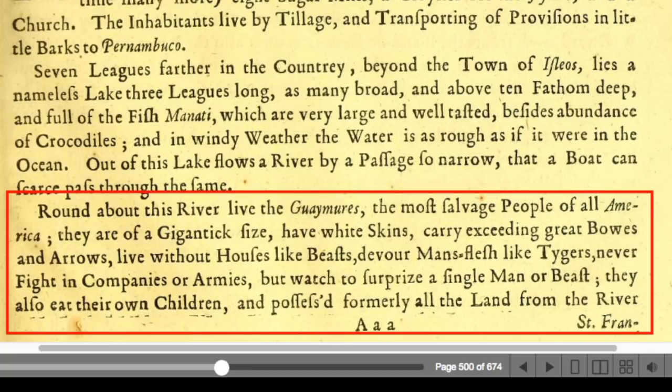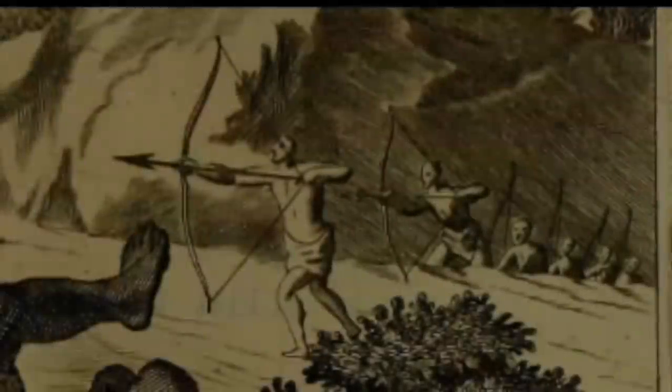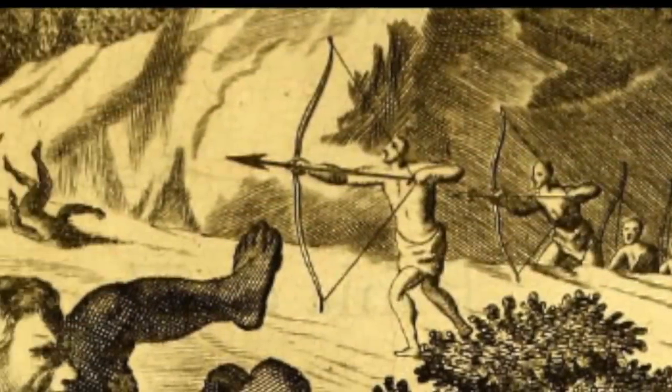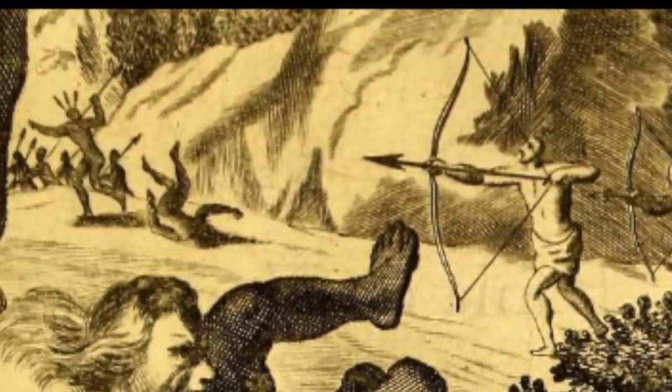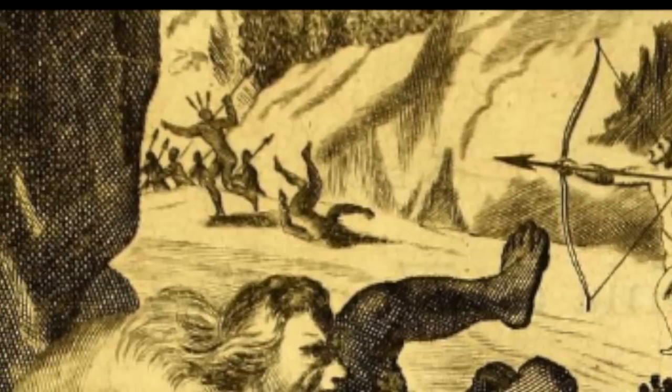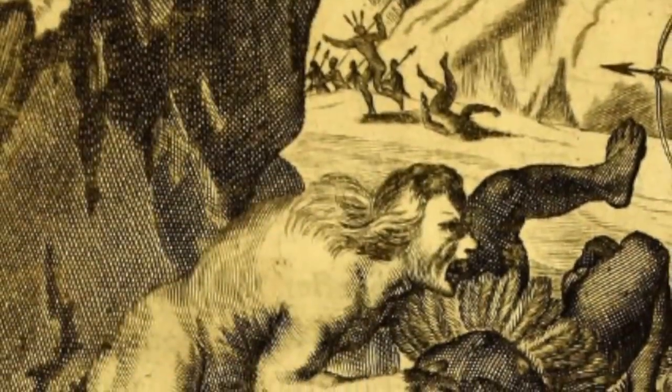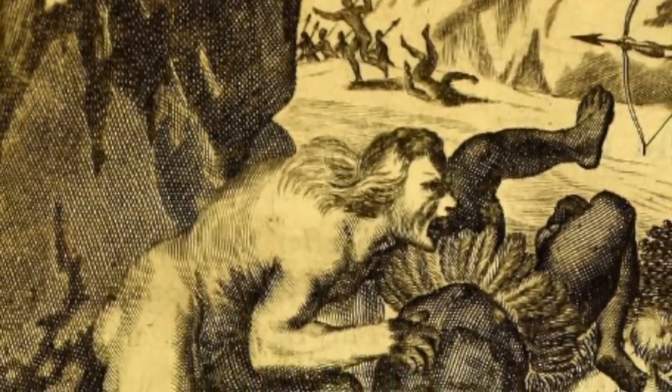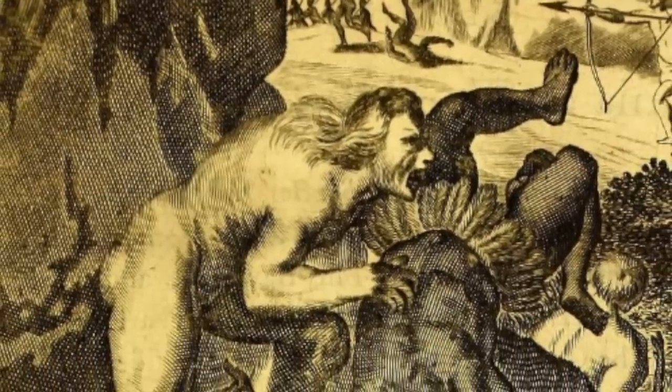They are of a gigantic size, have white skins, carry exceeding great bows and arrows, live without houses like beasts, devour men's flesh like tigers, never fight in companies or armies, but watch to surprise a single man or beast.